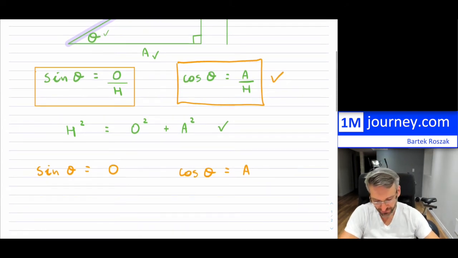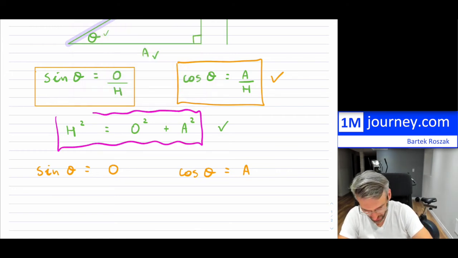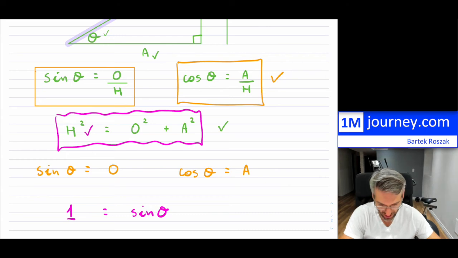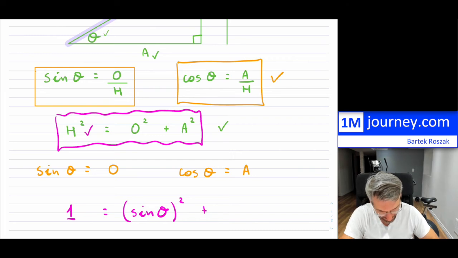Now, if you take your Pythagorean theorem result, and we know the hypotenuse is equal to 1, well, 1 squared is just 1. The opposite squared is just sine theta squared, plus cosine theta squared, because that's your adjacent side squared.